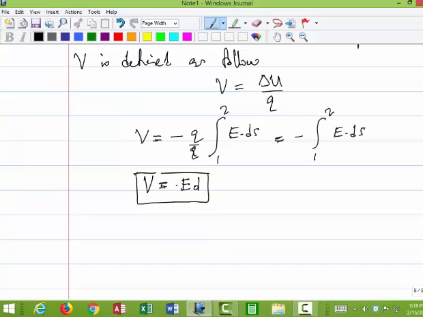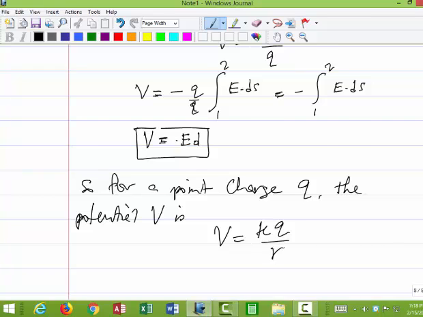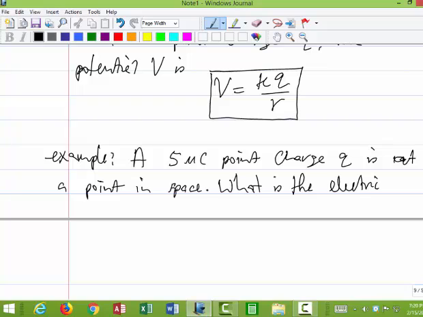So we can use this to find the potential energy of a point charge, and I'll find that in a minute. So for a point charge, the potential V is V equals KQ over R. So this is the potential of a point charge. Okay, so example, a 5 microcoulomb point charge Q is at a point in space.